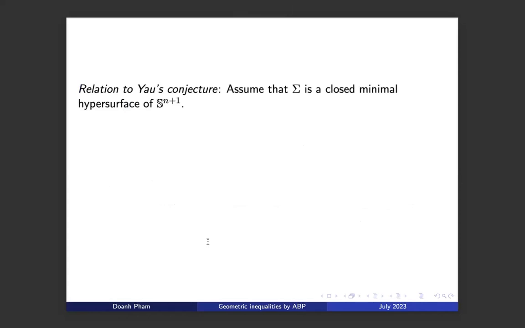Now we look at the relation of our log Sobolev to Yau's conjecture. Assume that sigma is a closed minimal hypersurface of S^(n+1). Let lambda 1 be the first eigenvalue of the Laplacian operator on sigma.